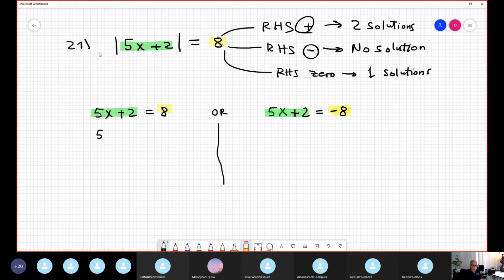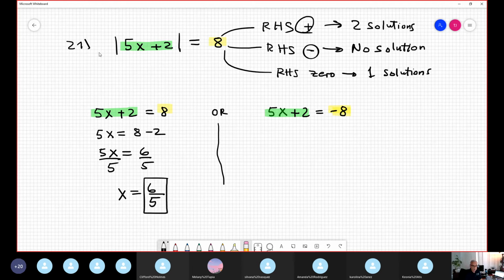So 5x is equal 8 minus 2. 5x equals 6, divided by 5. x is equal 6 over 5. And this is my first solution. And my second solution is 5x is equal to minus 8 minus 2. 5x is equal to minus 10, divided by 5.